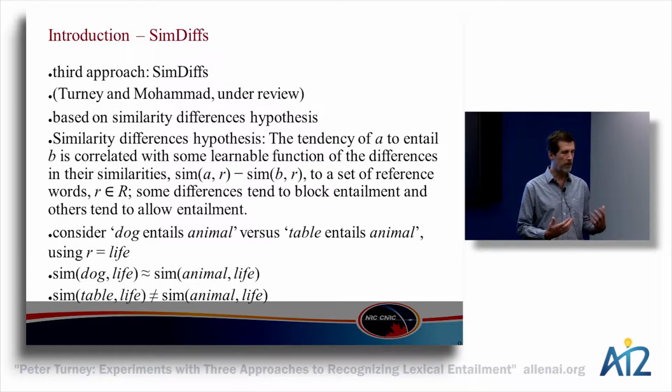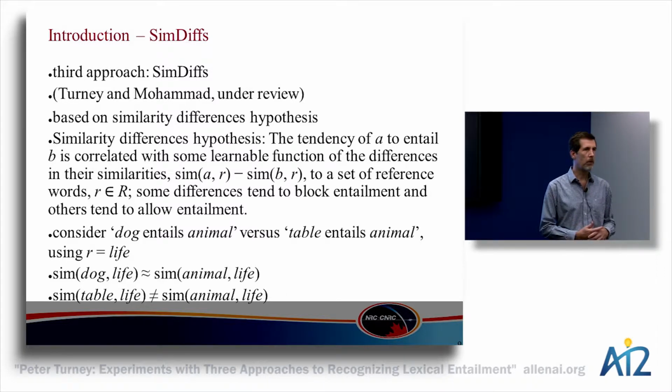So if you compare table and animal using the reference word life, you find a high difference in their similarities to the word life. So you need a set of reference words here that act as kind of benchmarks or reference points in a landscape to tell you where you are.